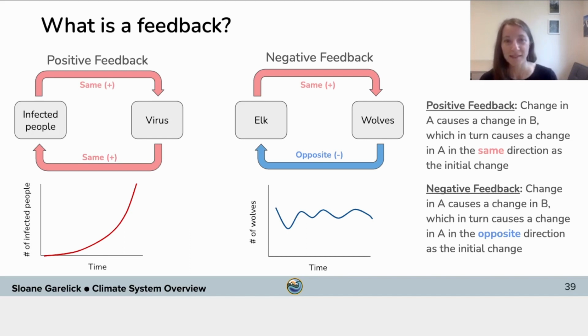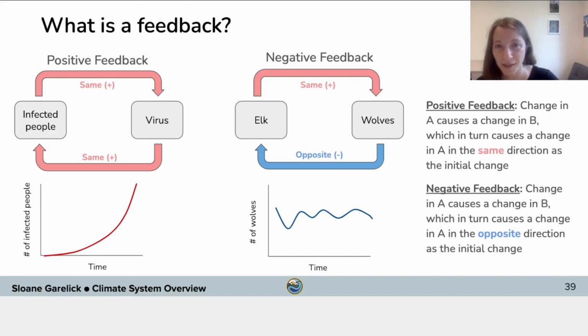So in this case, the initial change in infected people resulted in a change in the virus in the same direction, and that resulted in a change in infected people in that same direction as well. So if we look at how this would affect the overall change over time, as a positive feedback occurs, the number of infected people would increase over time.